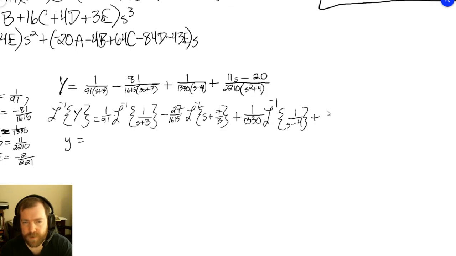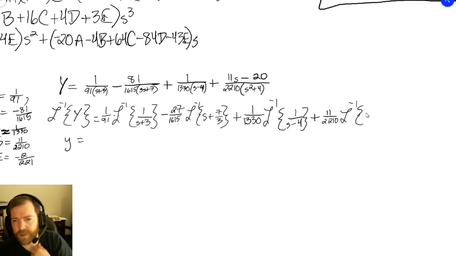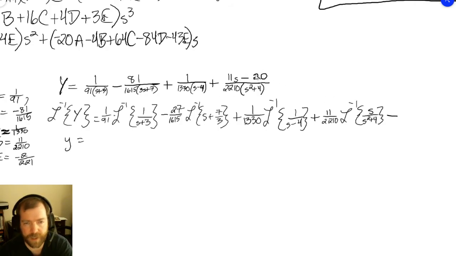So then this is going to be 11 over 2210 times the inverse Laplace of s over s squared plus 4, plus, actually that's going to be a minus, 20 over 2210, which is going to be 2 divided by negative 2 divided by 221.